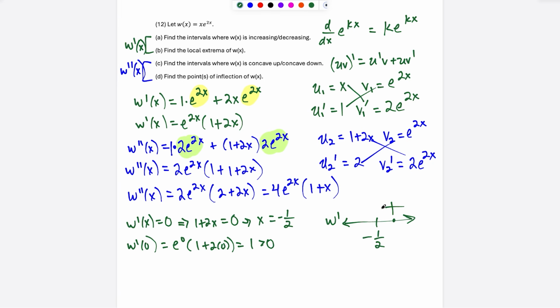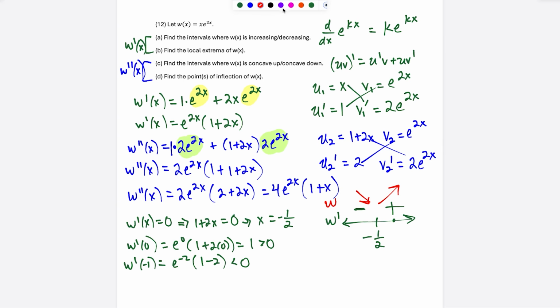I could put a plus sign here for our sign chart for w prime. If I plug in something like negative 1, we would have e^(-2) times 1 minus 2. We're going to have a positive times a negative, and this will change to negative here. So we have a sign change. If we talk about the behavior of our function w, it is decreasing and then increasing. So we have a local minimum at x equals negative 1/2.